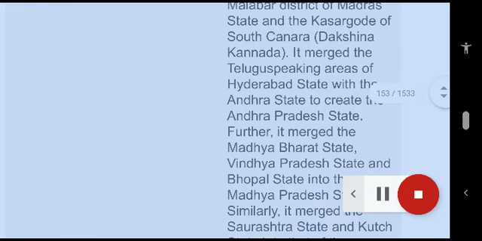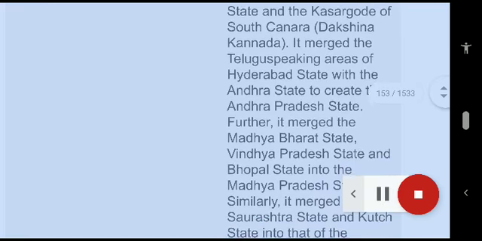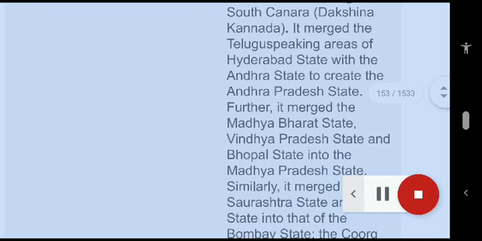It merged the Telugu-speaking areas of Hyderabad state with the Andhra state to create the Andhra Pradesh state. Further, it merged the Madhya Bharat state, Vindhya Pradesh state and Bhopal state into the Madhya Pradesh state.